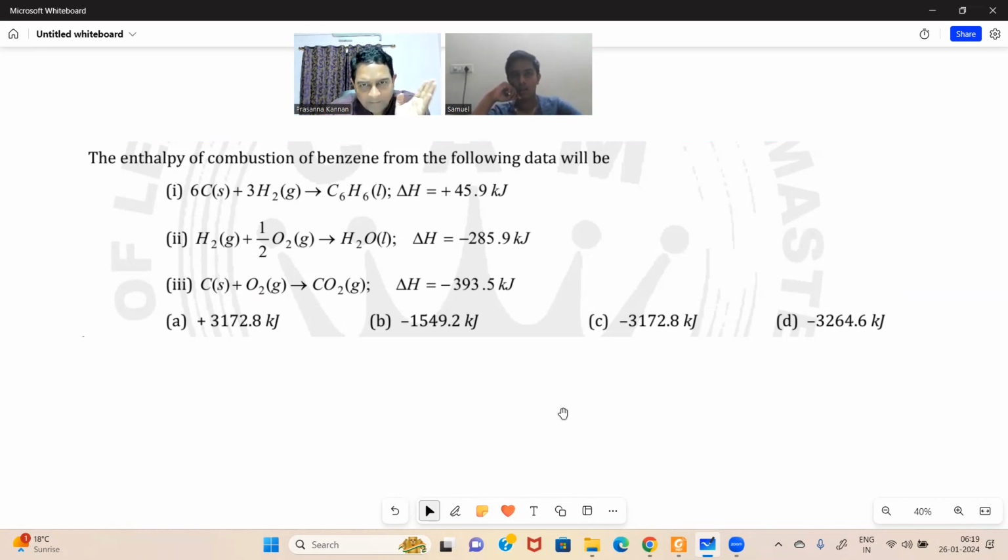I am burning methane in oxygen, correct? Enthalpy of combustion of acetylene: burning acetylene in oxygen. Will I be able to maintain the stoichiometric coefficient as 1 for oxygen? No.